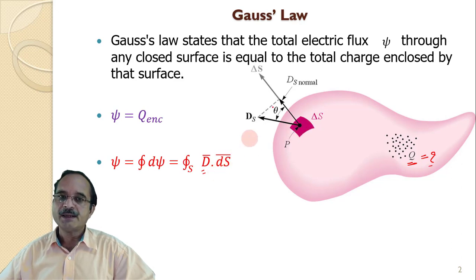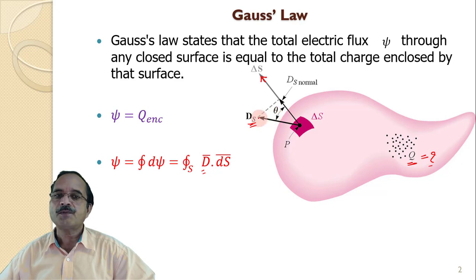D dot dS gives me the component of electric flux density D in the direction of the surface, because the amount of electric flux density passing through this surface is nothing but the component of this electric flux density in the direction of dS, and that we find out by taking the dot product D dot dS, and this we integrate over the entire closed surface, and that gives me the total flux passing through this surface.